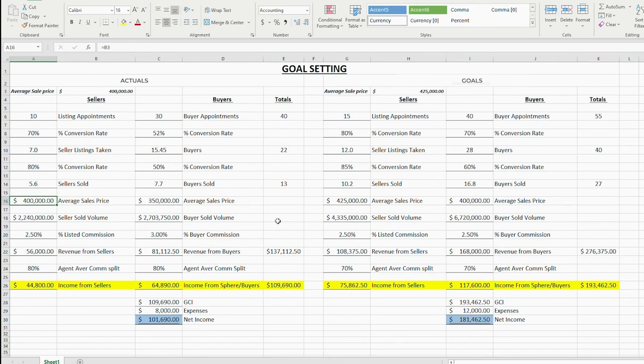You go over to buyers. Well, if you had 30 buyer appointments from 10 listings, I would sure hope you'd have at least 40 from 15 listings. I actually think 40 is too low. I'm going to change this to 45, and look what happens to the numbers, okay? Let's say you convert 70% of your buyer appointments as opposed to 52.